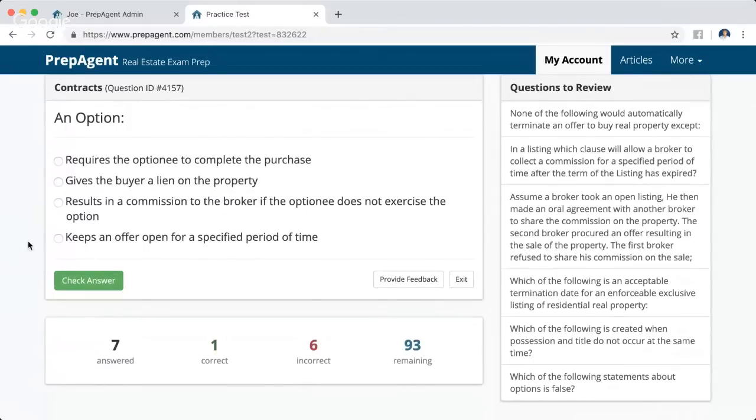An option: A, requires the optionee to complete the purchase. B, gives the buyer a lien on the property. C, results in a commission to the broker if the optionee does not exercise the option. Or D, keeps an offer open for a specified period of time.